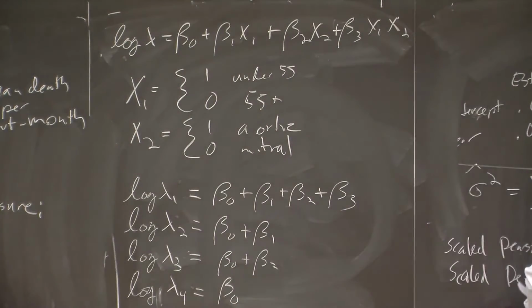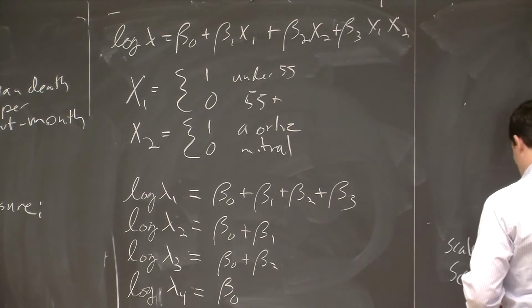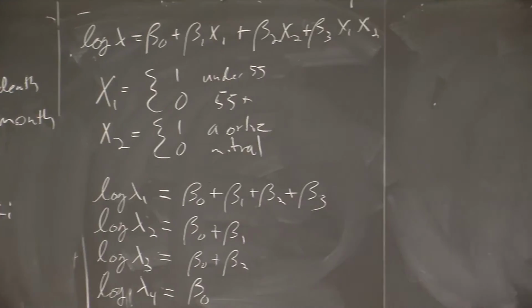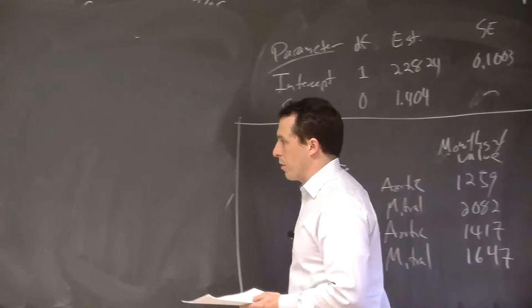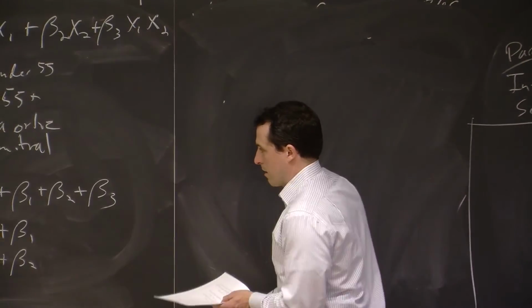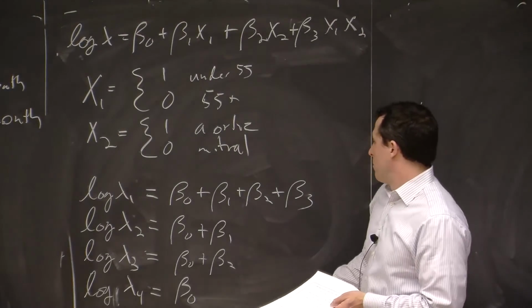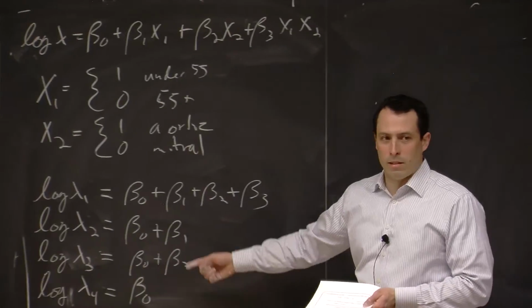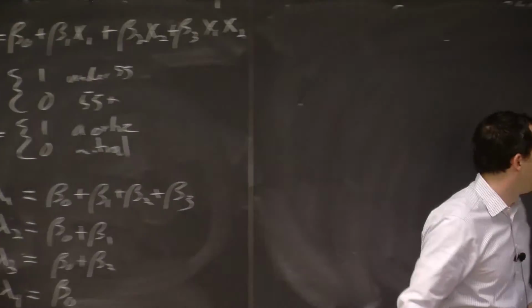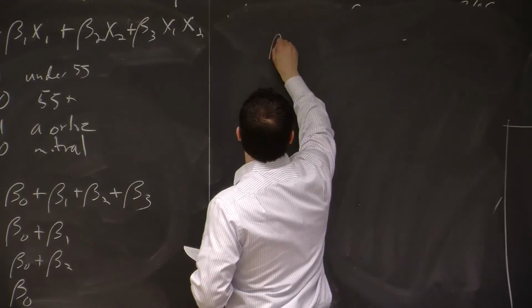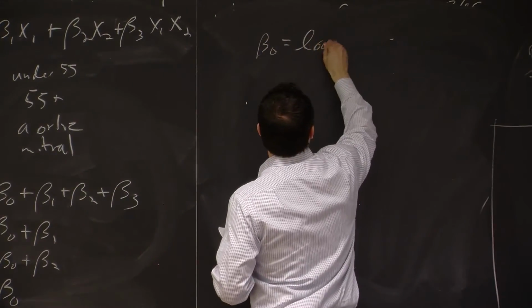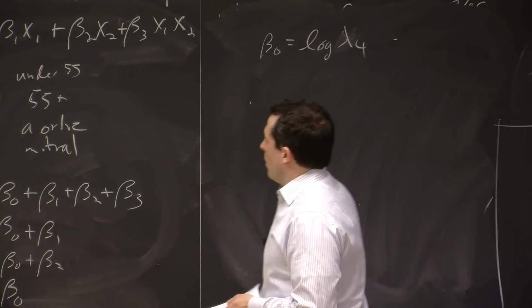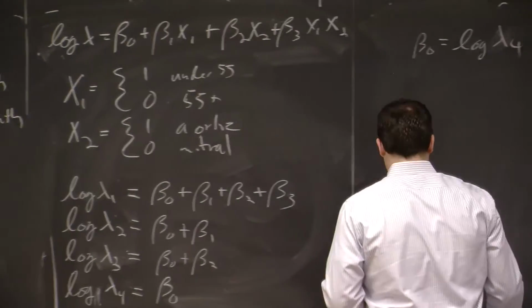So because this is saturated, we're again in the situation where we don't actually need to estimate these from the data. With a computer, we can just calculate them because of this table, right? We have 4 unknowns, and we have 4 rates that we can compute by dividing. And so we can figure out what these are with a little linear algebra. So, right, beta naught is log lambda 4, which is the rate here for mitral and 55 plus.